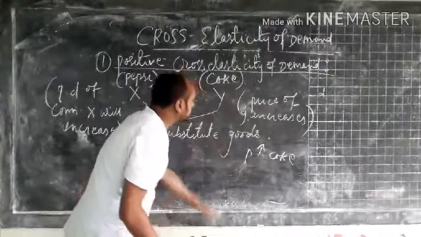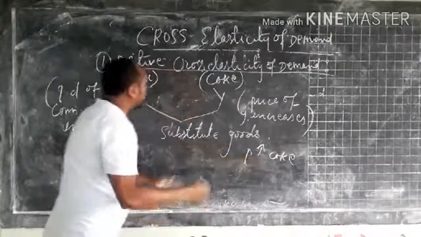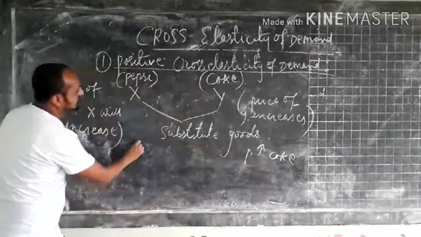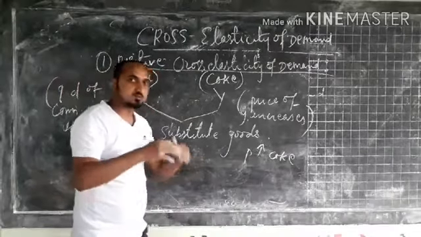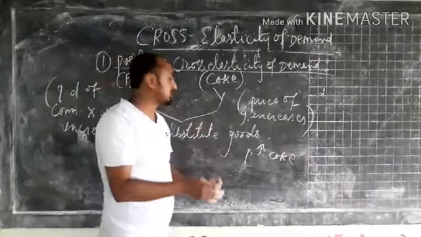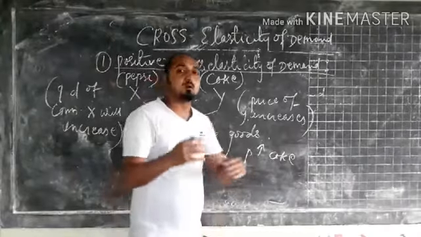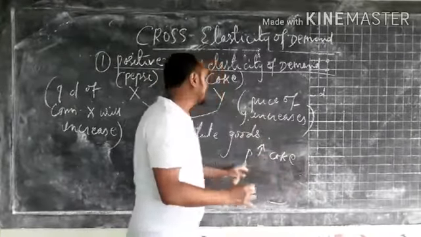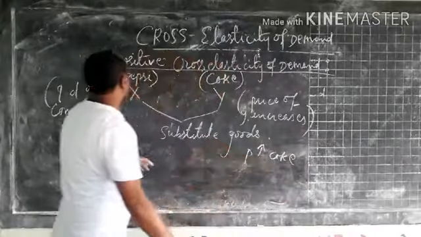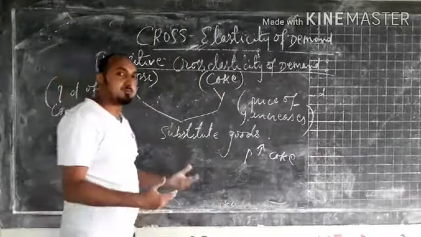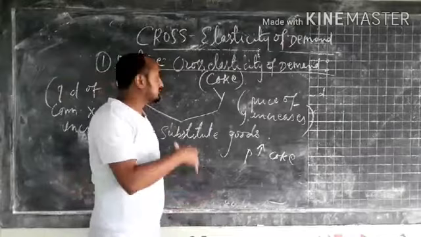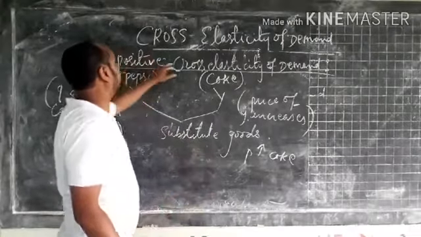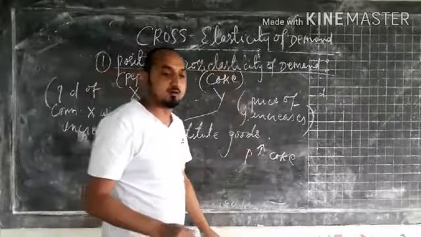So when the price of Coke increases, obviously the quantity demanded for Pepsi or some other substitute goods will increase, because Coke will become expensive in the market and people will replace Coke with other substitutes like Pepsi or maybe Fanta. So that concept is called positive cross elasticity of demand.